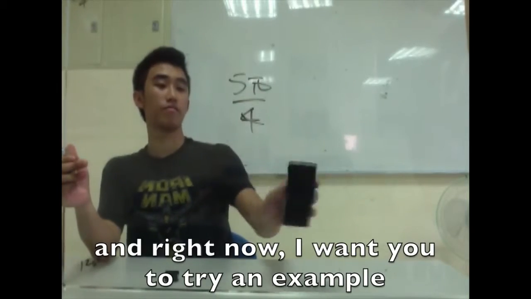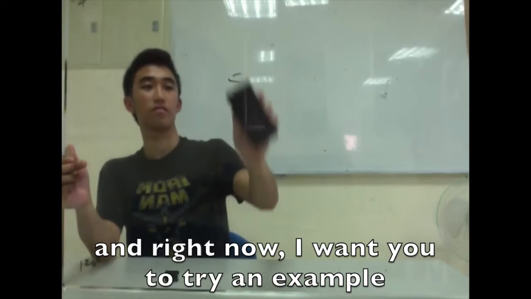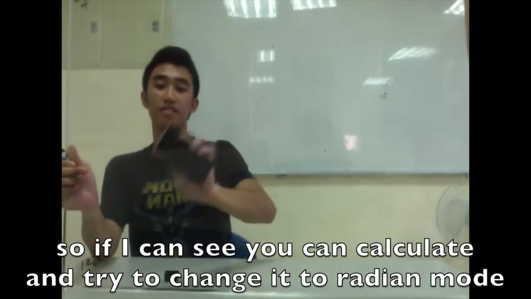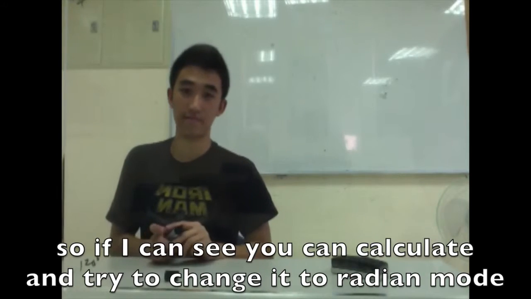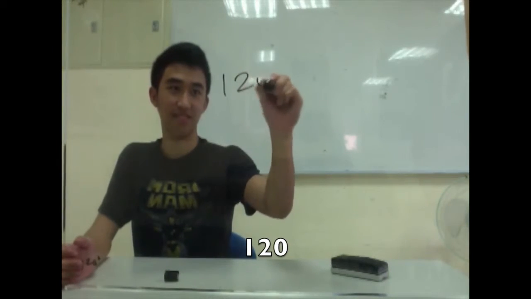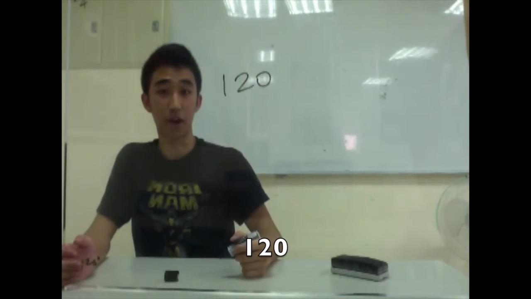Right now, I want you to try an example by yourself to see if you can calculate. Try to change it into radian mode. I'm going to give you a random point, 120. Are you ready?